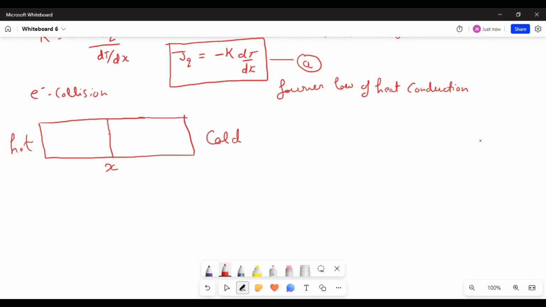Now we have the thermal velocity of electrons. In that case, the distance of the electron that is colliding with this imaginary surface, from the hot side, will be x minus v tau, right?